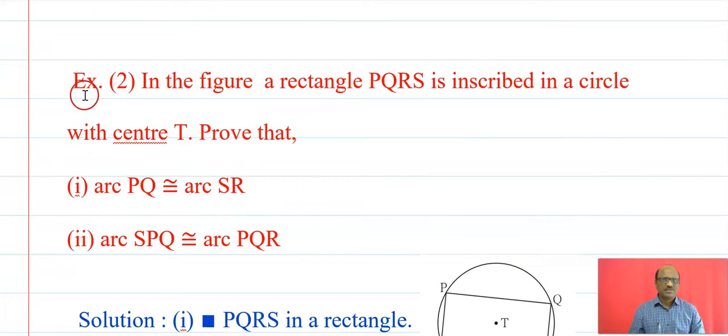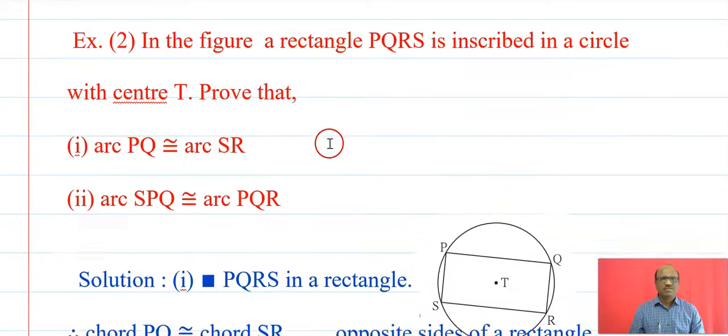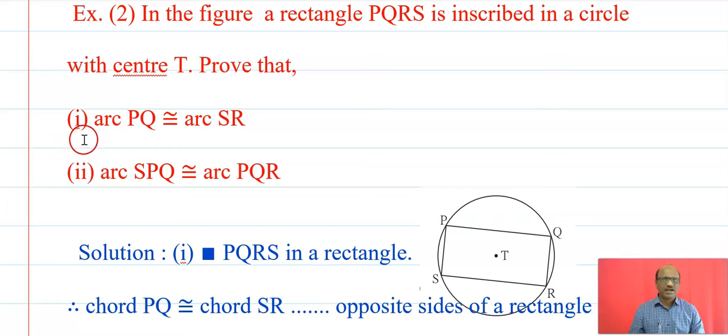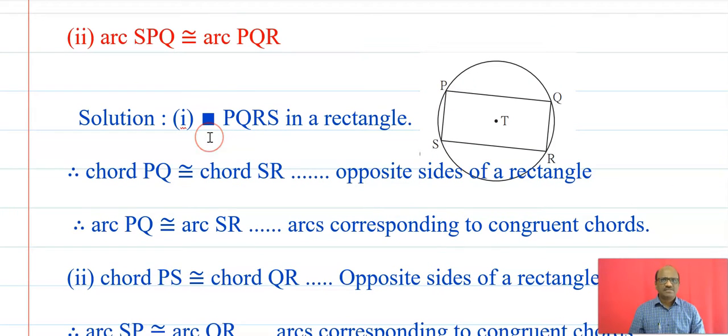In the next problem, in the figure, a rectangle PQRS is inscribed in a circle with center T. Prove that arc PQ is congruent to arc SR. The solution: quadrilateral PQRS is a rectangle. Chord PQ is congruent to chord SR, being opposite sides of a rectangle, and that's why arc PQ is congruent to arc SR, arcs corresponding to congruent chords.